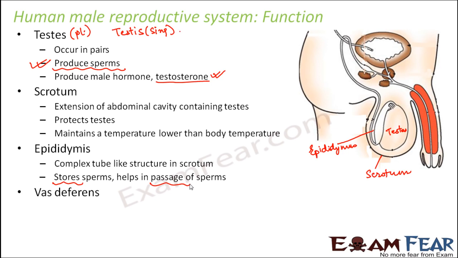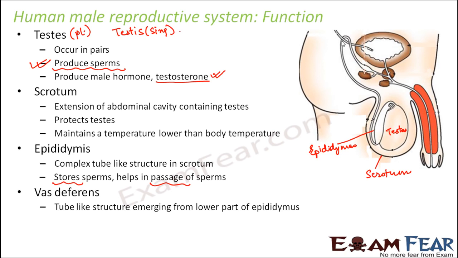Next is the vas deferens. So it is like an extension of the tube after the epididymis. It is again a tube-like structure which emerges from the lower part of epididymis. So wherever the epididymis ends, the vas deferens starts, and it extends up to the pelvic cavity. So it keeps on extending till here.